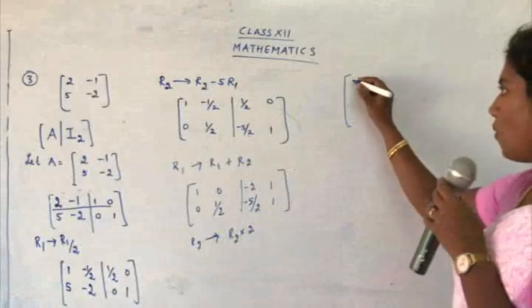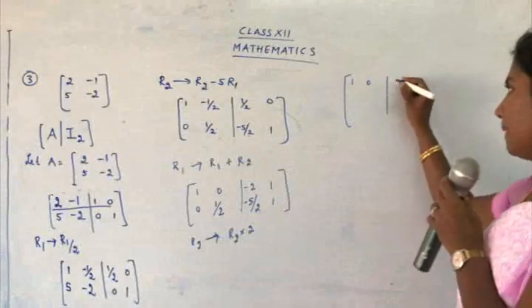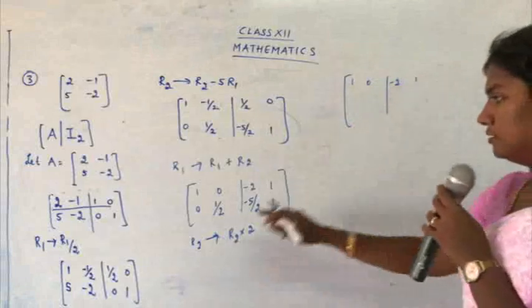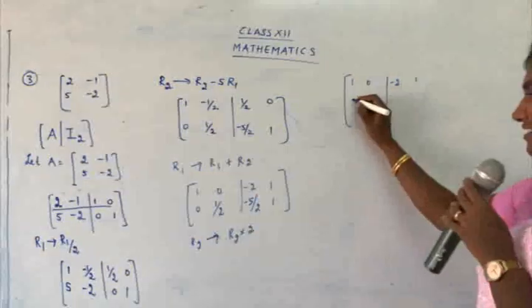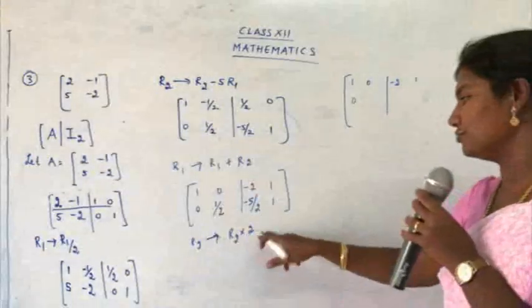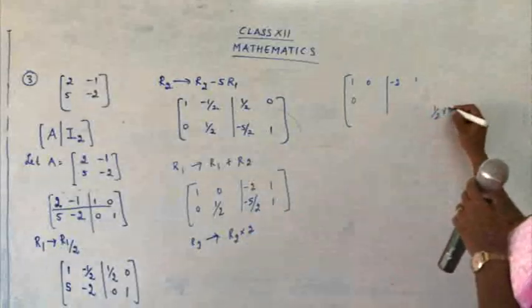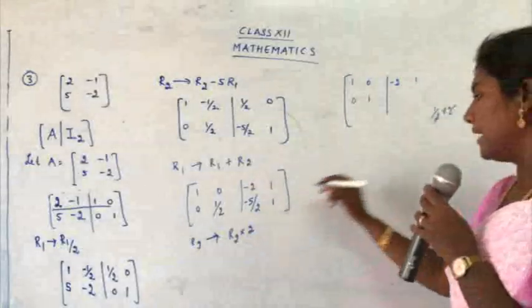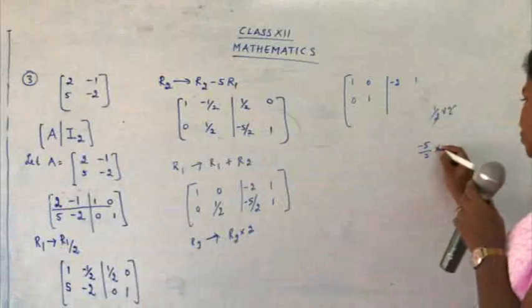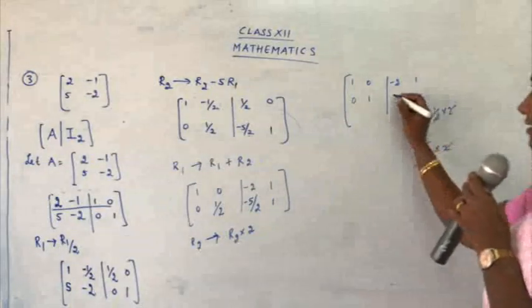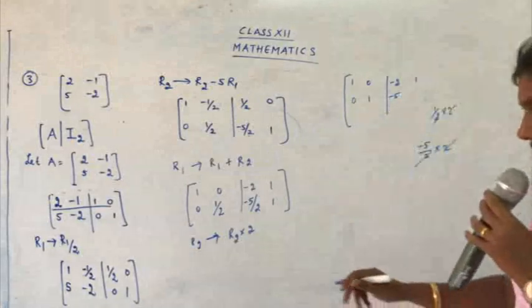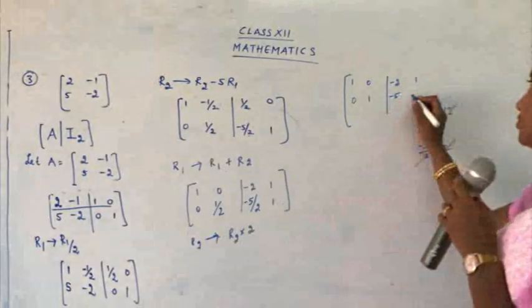So just write here 1, 0, minus 2, 1. 0 is 0. Half into 2 gives you 1. Done. Minus 5 by 2 into 2, the 2 gets cancelled. What's left here? Minus 5. 1 into 2 is 2.